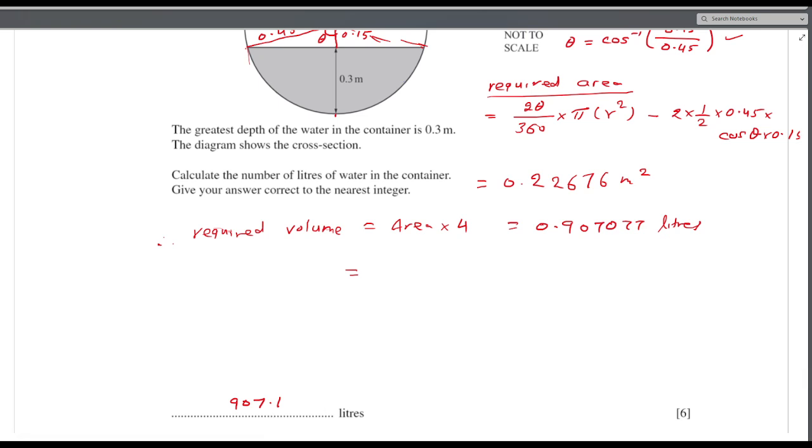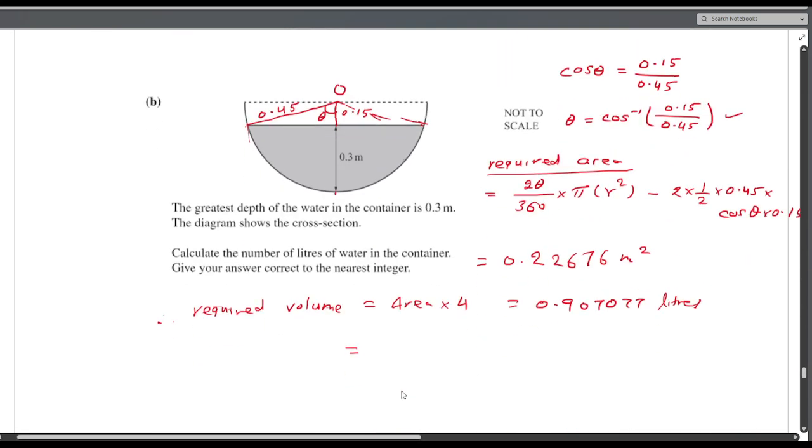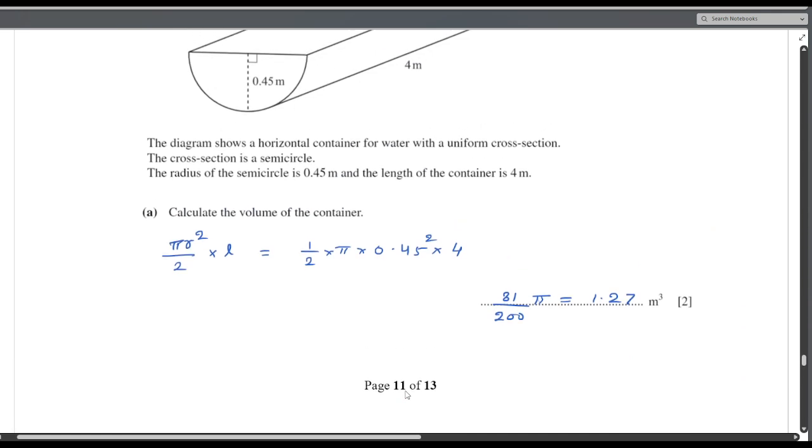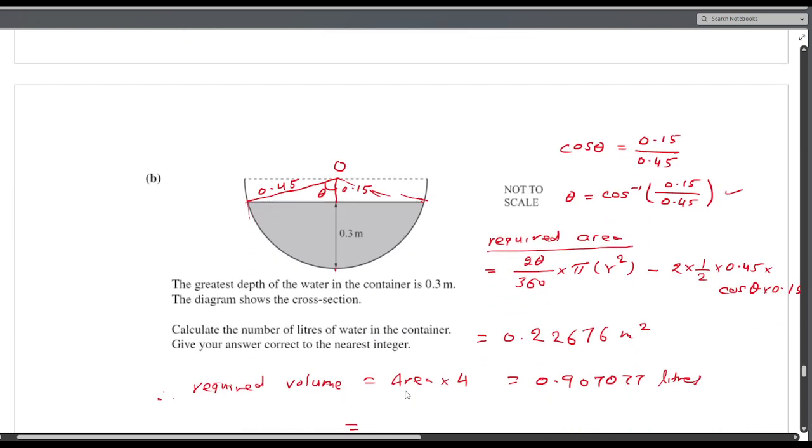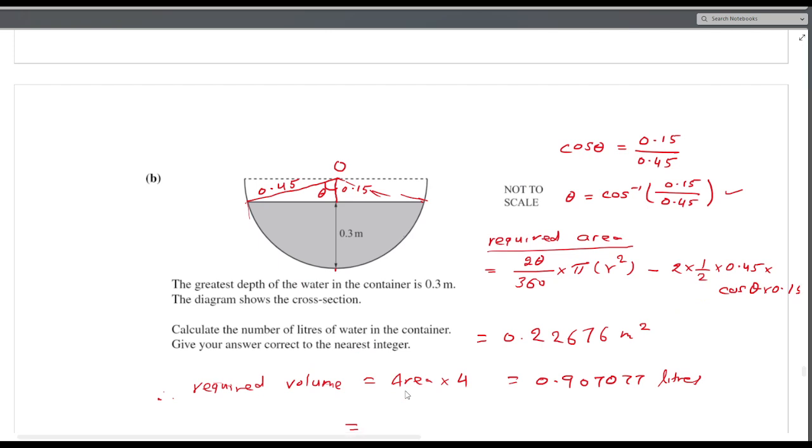So 907, the first part of the problem is the volume of the container. Let me revisit this. Half into base.